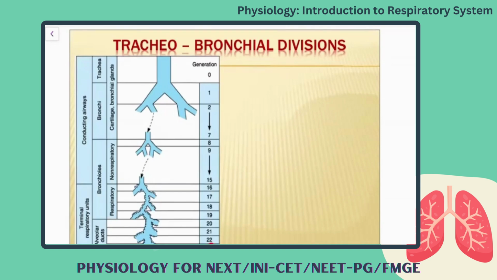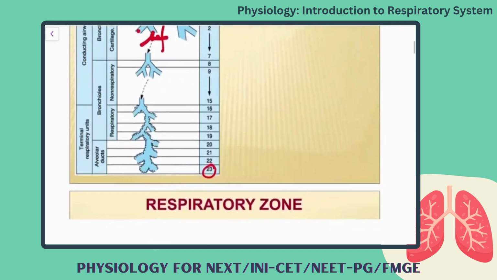From the beginning you call it the trachea, and it enters the right and left lungs. Only one side of the lungs is shown here. This is the primary bronchus. The division here is the secondary bronchus. This further divides into the tertiary bronchus, then the quaternary, and it keeps on going, up to 23 times.